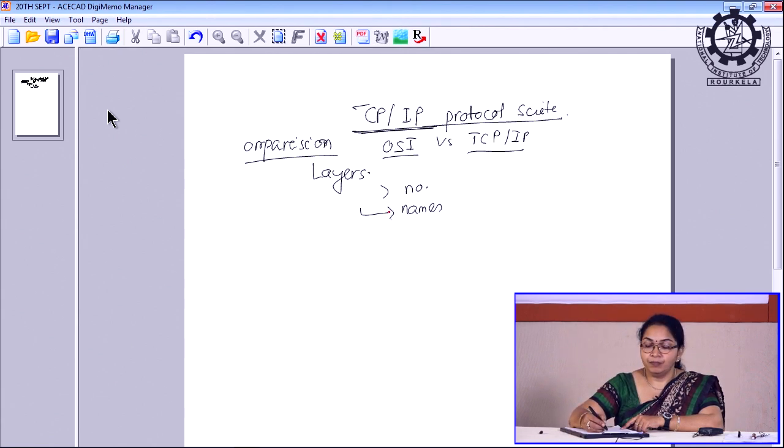Like for the OSI model, the number of layers is 7, while for TCP/IP the number of layers is 4. Coming to the names of the layers, the application layer remains for both, and the presentation layer and the session layer which are present in the OSI model are not there in the TCP/IP.